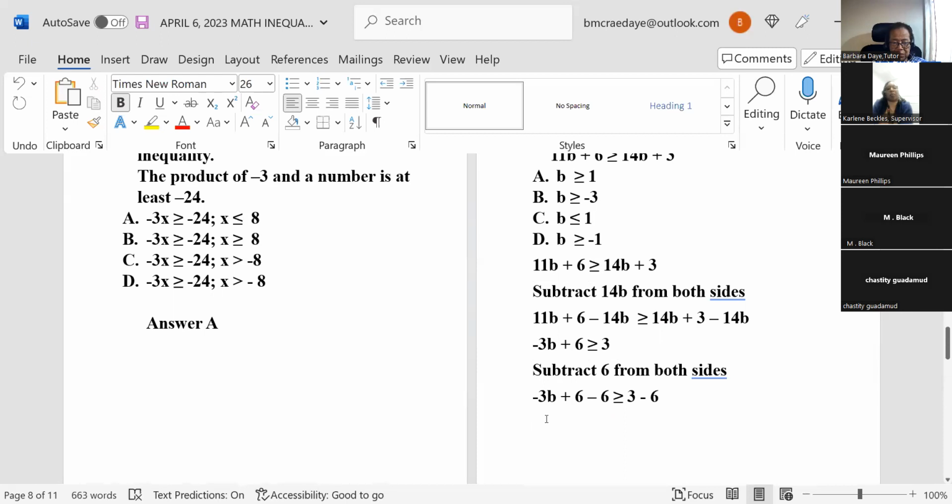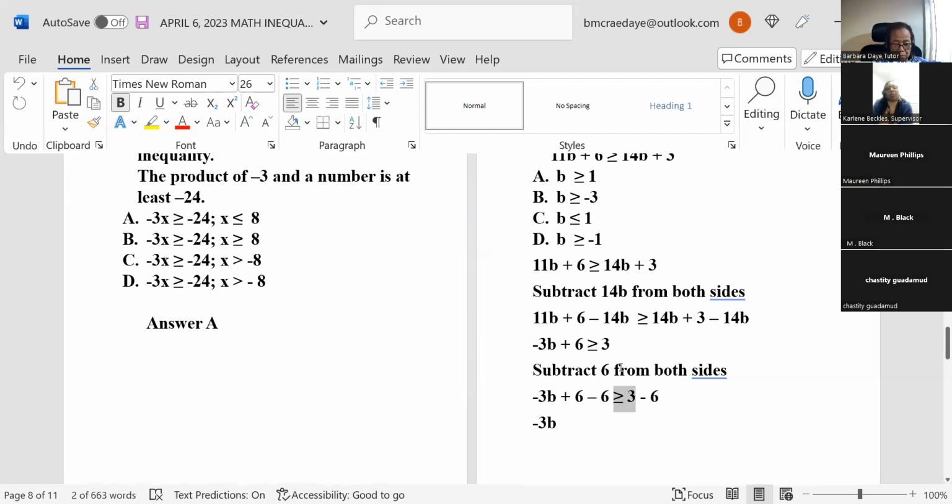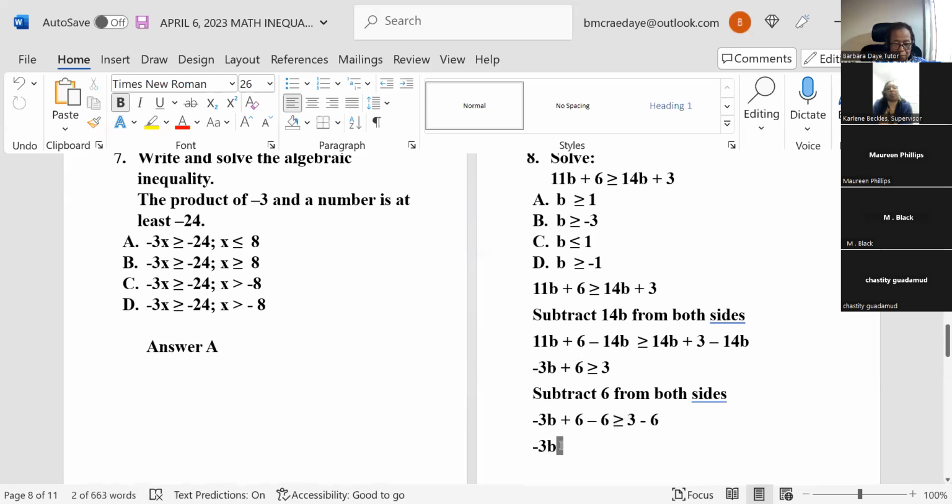Plus or minus? Minus. Minus 3b. Okay. And on the right side, what do we have? A plus 3 and a minus 6 gives you what, Maureen?